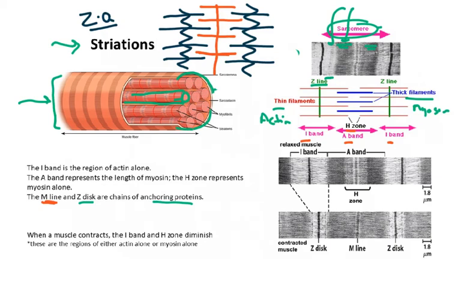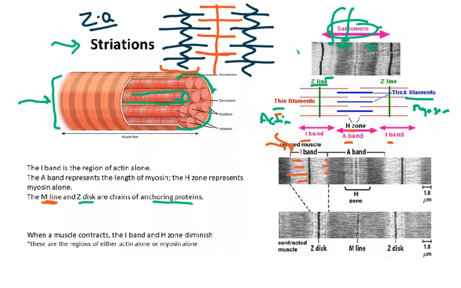So the I band is defined as the area where you have the thin filaments or the actin filaments alone. So this over here in my picture, this is the I band. It's going to be a lighter color because it's only the actin, and the actin is the thin filaments. So it just looks like a really light color because they're thin and they're kind of sparse.